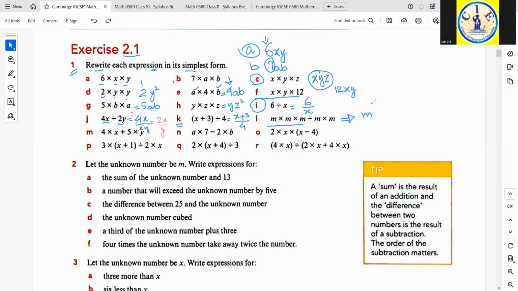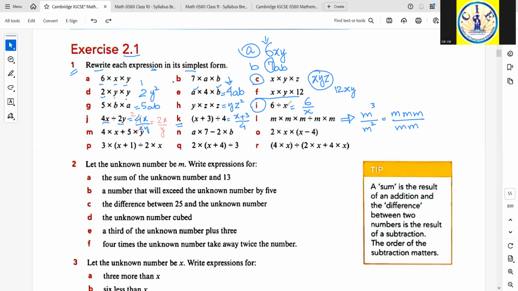M means m cubed whole divided by m times m. That means m squared. Now in the numerator, we need to observe that there are 3 m's, and in the denominator we have got 2 m's. So we can simplify them as m, m, m, and in the denominator m times m.